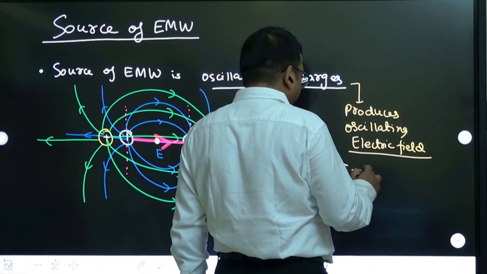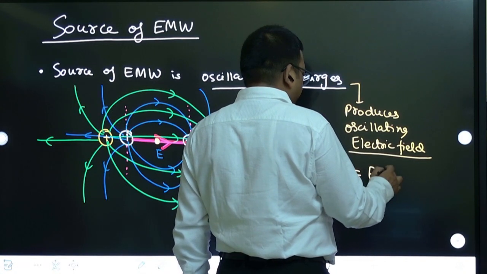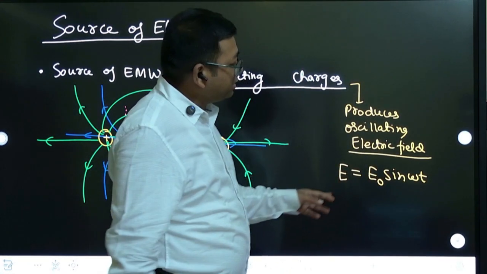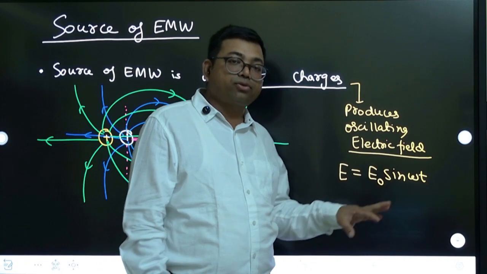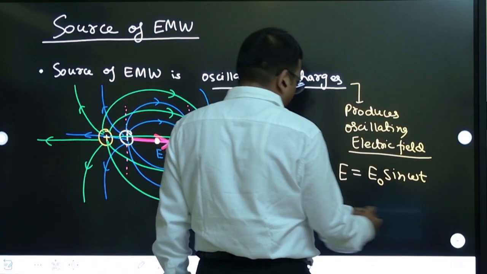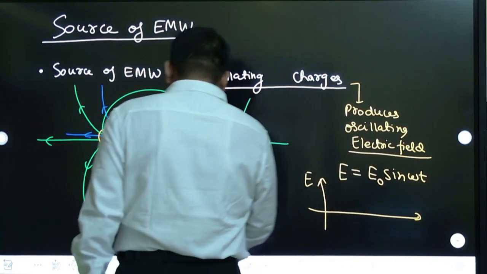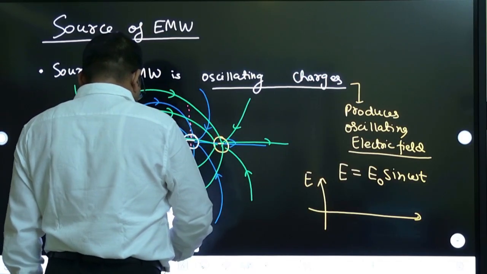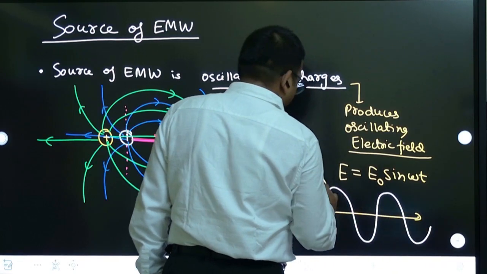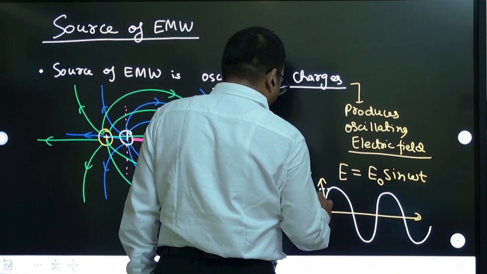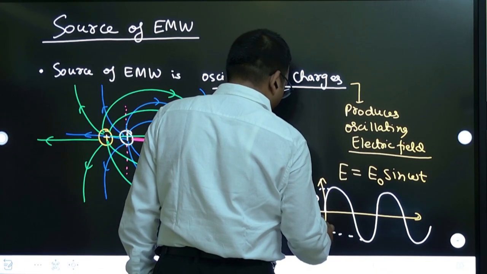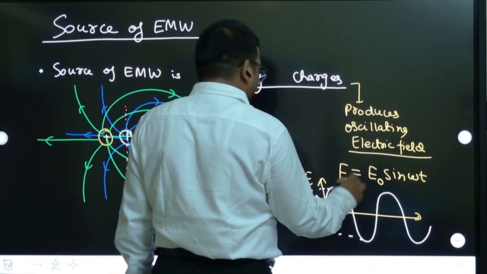I can write this electric field with some amplitude E naught as E naught sine omega t. This type of equation represents how the electric field varies sinusoidally at a given point. There is a maximum electric field plus E naught, and a minimum electric field minus E naught, and at other times it varies in between.